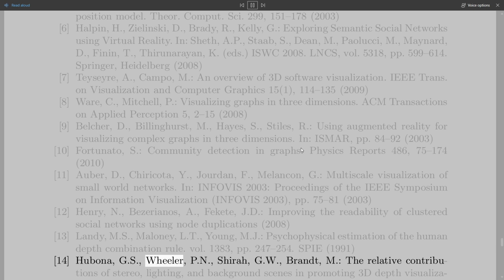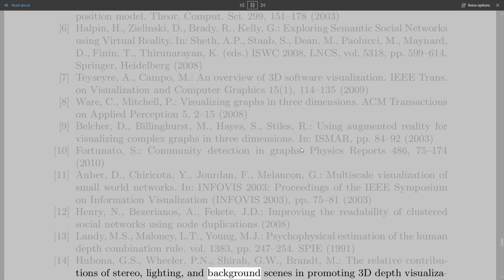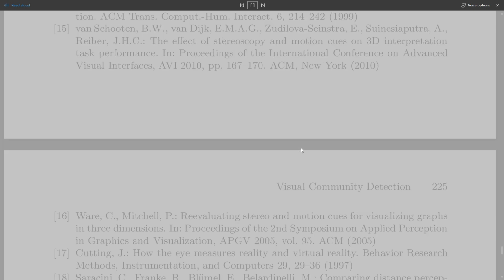Hubona, G.S., Wheeler, P.N., Shirah, G.W., Brandt, M. The Relative Contributions of Stereo, Lighting, and Background Scenes in Promoting 3D Depth Visualization. ACM Trans. Comput.-Hum. Interact. 6, 214 to 242, 1999. 15. Van Schooten, B.W., Van Dijk, E.M.A.G., Zudilova-Seinstra, E., Suinesiaputra, A., Reiber, J.H.C. The Effect of Stereoscopy and Motion Cues on 3D Interpretation Task Performance.